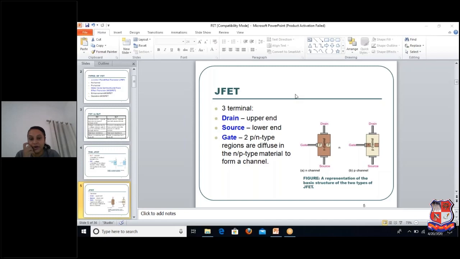Whenever we discuss the N type channel, the middle one is known as the N channel, and likewise for the P channel. The name channel is given because it makes a number of electrons in the form of channels, which will be discussed in the next PPT.